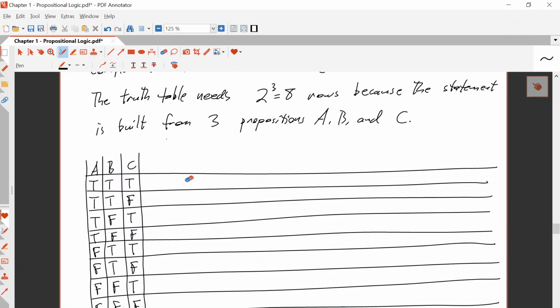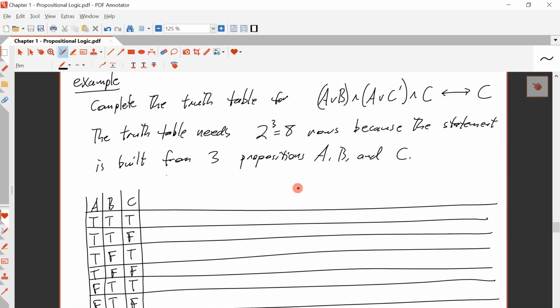If you don't know about that binary arithmetic, maybe we'll talk about that later. But it's not something you need to worry about right now. So at any rate, this is one way to do it: 4 trues, 4 false, 2 trues, 2 false, 2 true, 2 false, and then 1 at a time.